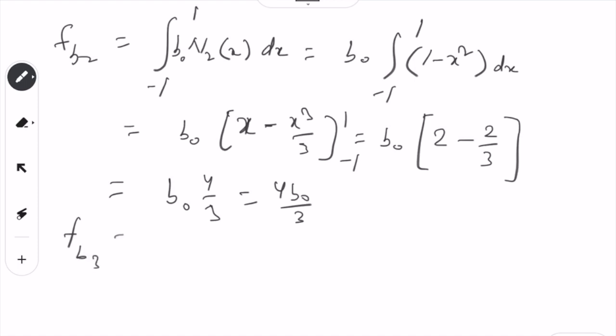Similarly for FB3, either we can find it out or logically we can also see it. What it tells you is there is one element here, and the B naught value goes like this.